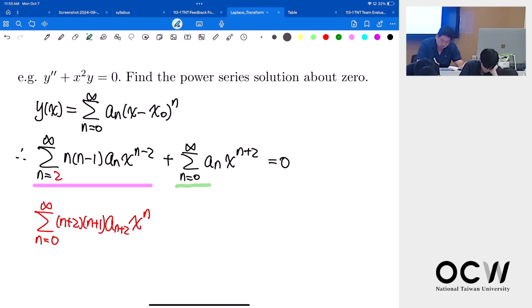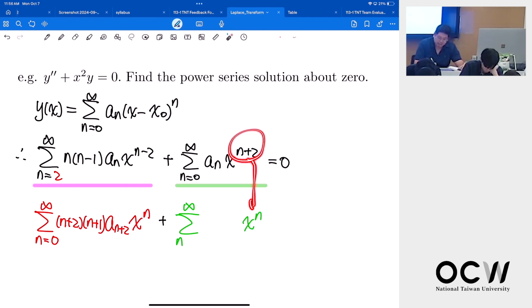The second term. For the second term, I need x to the n. n plus 2 becomes n. So n becomes n minus 2. Okay?